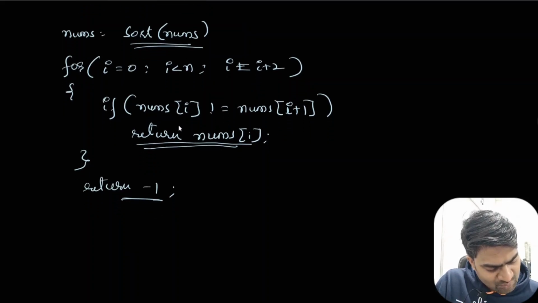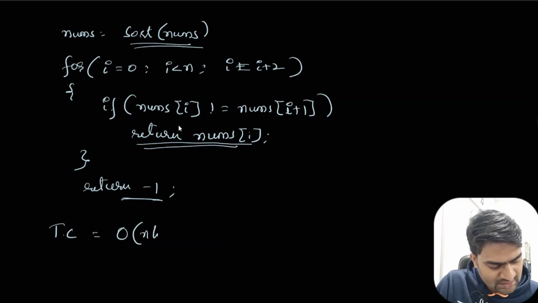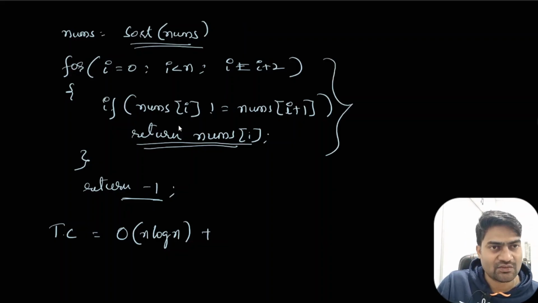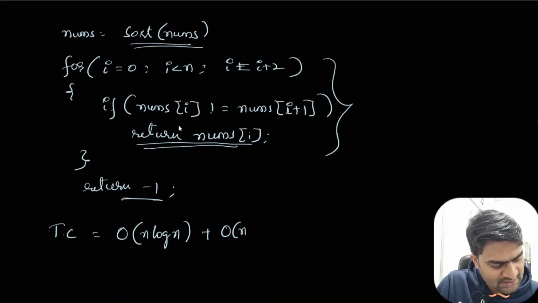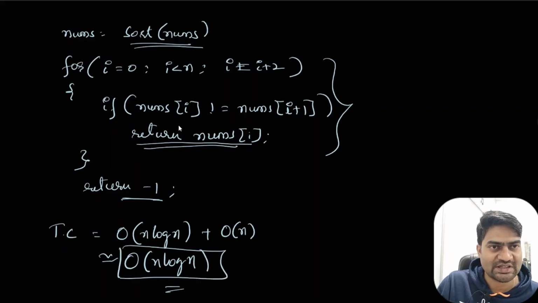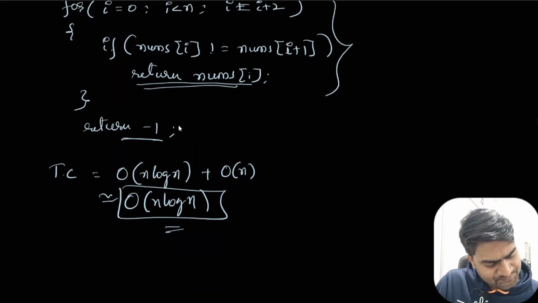So what is the time complexity here? For sorting, it will be of order n log n. Then we use this for loop which is of order n. So overall it is close to order n log n. This is our time complexity for this particular solution. Now what is the space complexity?